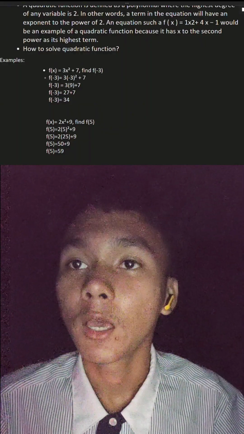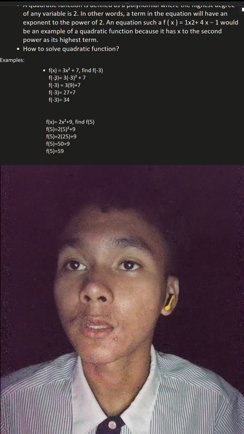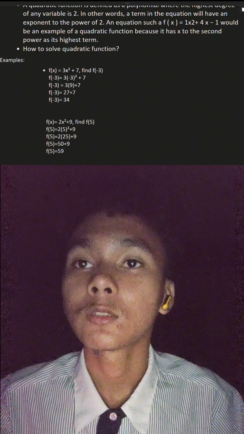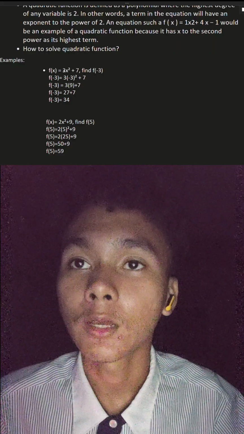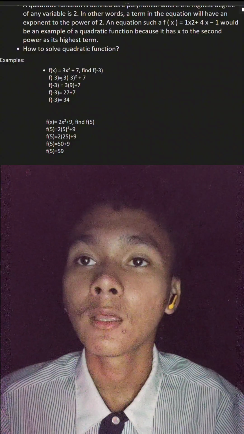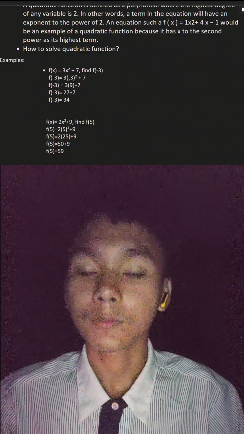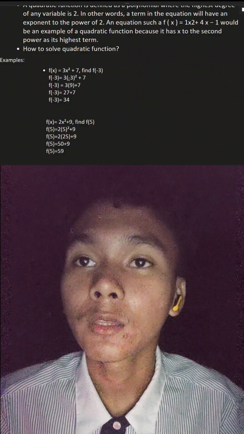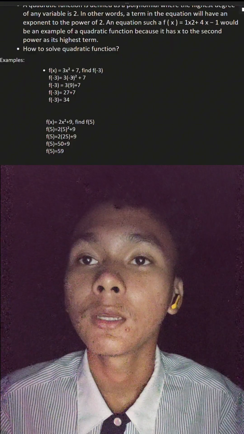So f of negative 3 equals 3. The 3x squared has an x, so we have to replace x with negative 3. Negative 3 squared is 9.